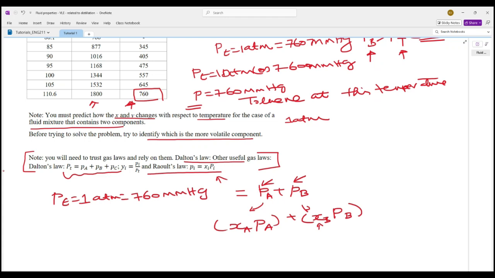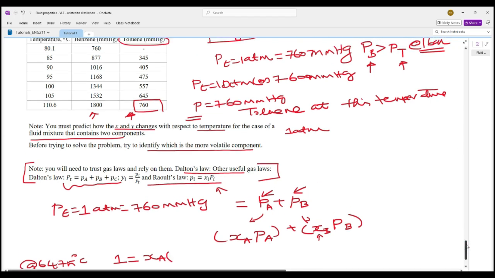And what's the temperature here? Let's begin with 64.75 degrees centigrade. So this will be 1 is equal to XA times PA, and if we go slightly up, PA is 760, the vapor pressure at 80.1 degrees centigrade of benzene, plus XB.